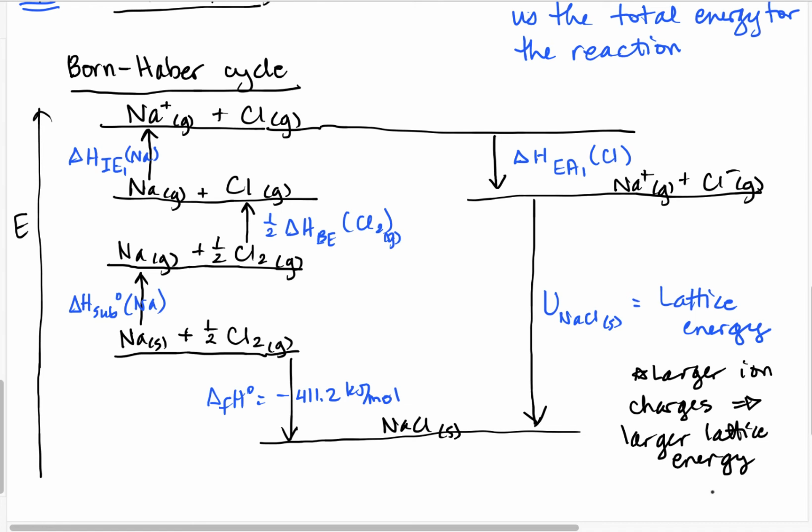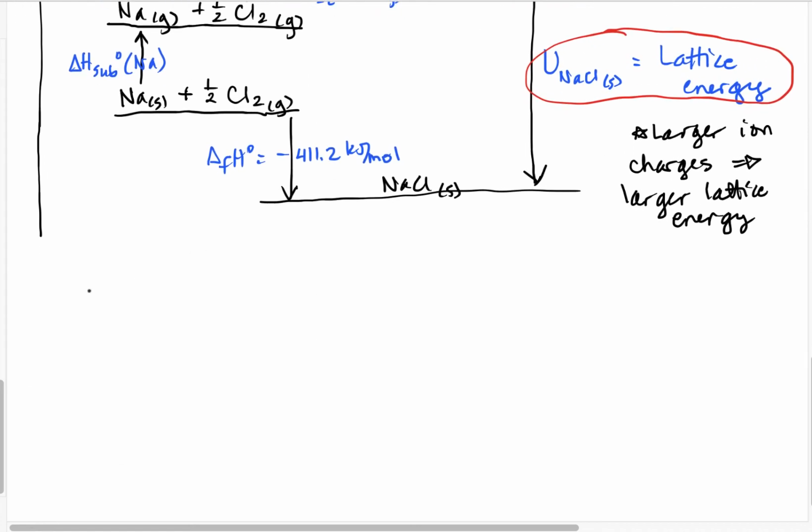All right, so this exploration of the Born-Haber cycle let us understand what the lattice energy was, but now we're going to go back to our original diagram and our original chemical reaction and think about what we actually want to do here. So our original chemical reaction was sodium chloride dissolving to make sodium ions that are aqueous and chloride ions that are aqueous.